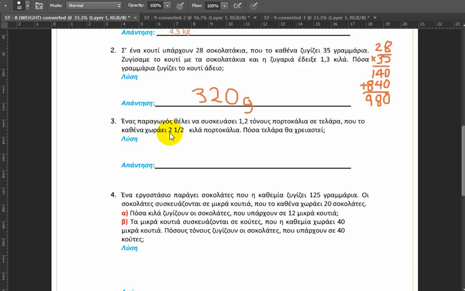So what I need to do here is, it's asking me how many packages we need. So we need to divide 1.2 tons by 2.5 kilograms. But before we do that, we're going to have to turn this into kilograms. 1.2 tons is 1,200 kilograms because I multiply it by 1,000.